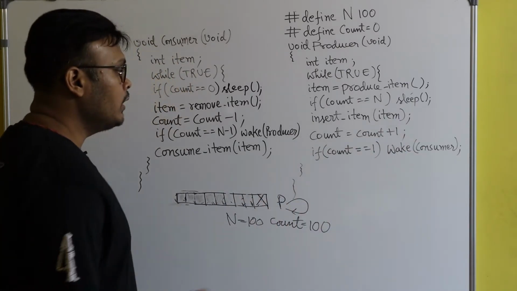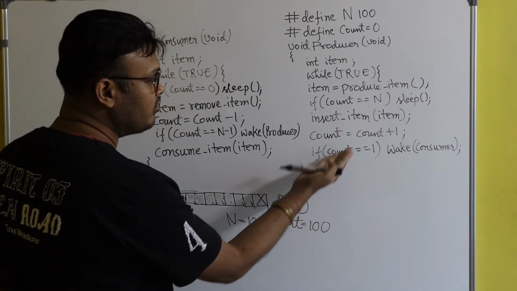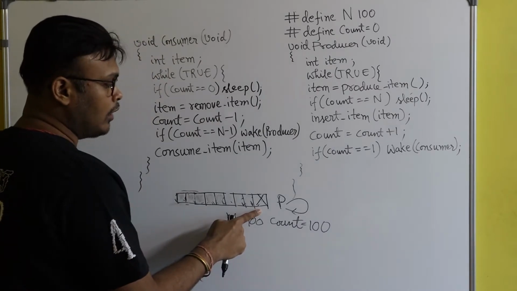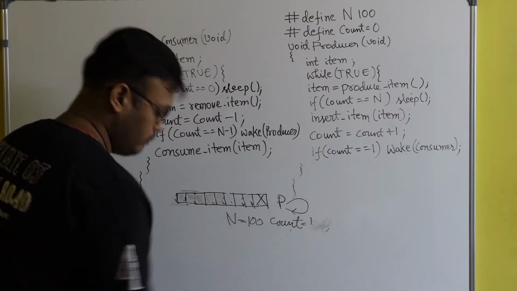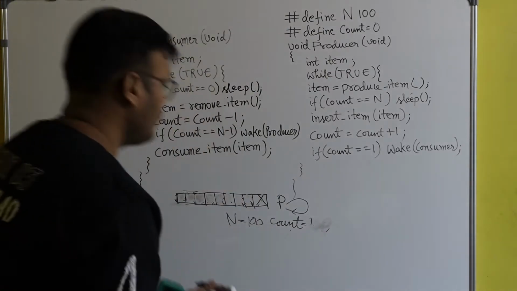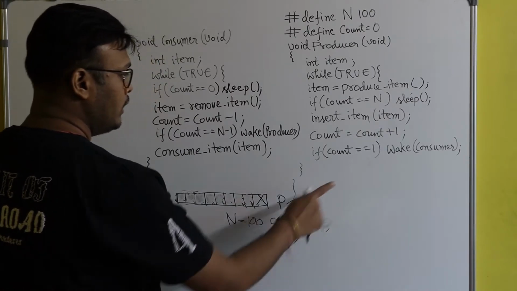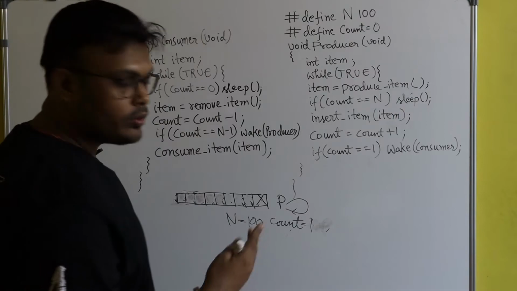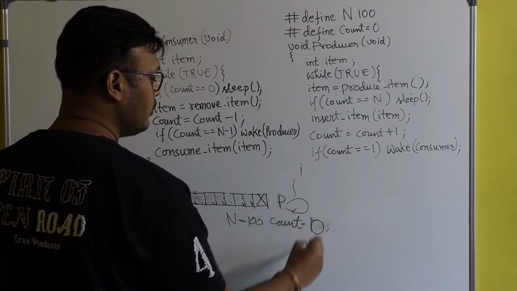Because if count equal to 1, it means that before count equal to 1, definitely the count was 0. It's common sense: before count equal to 1, definitely the count was 0.